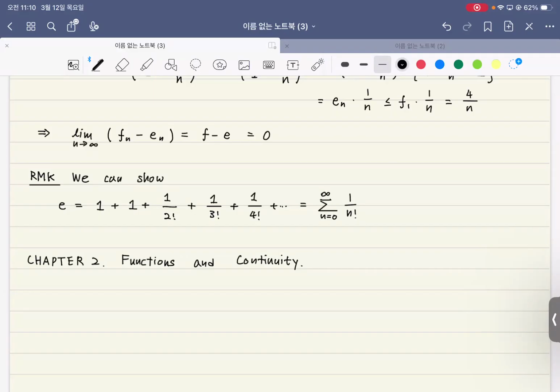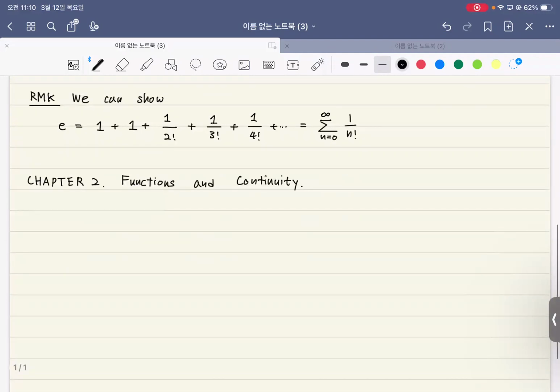However, in order to describe the continuous function, first we are going to need a well-defined, mathematically rigorous definition of the continuous function. So this is what we're going to do for today's lecture. But before we do that, I'm going to give you some terminologies.